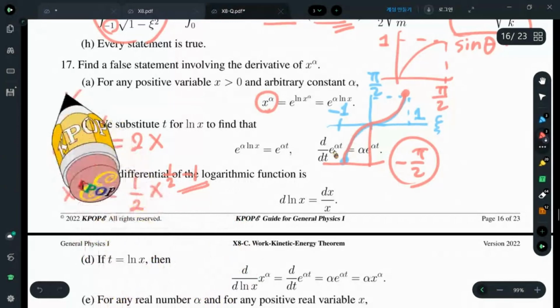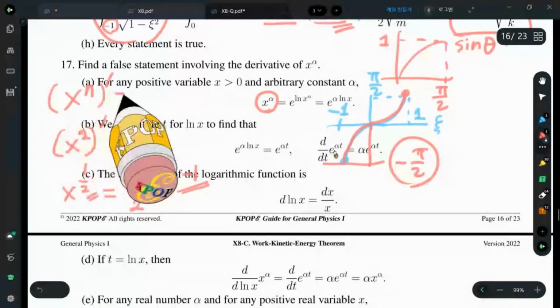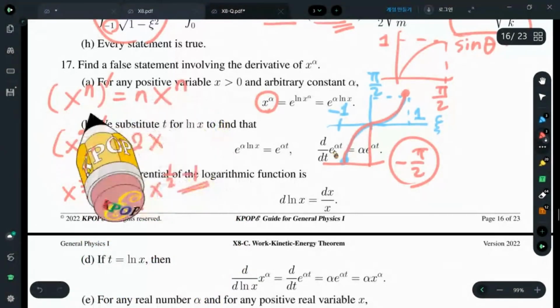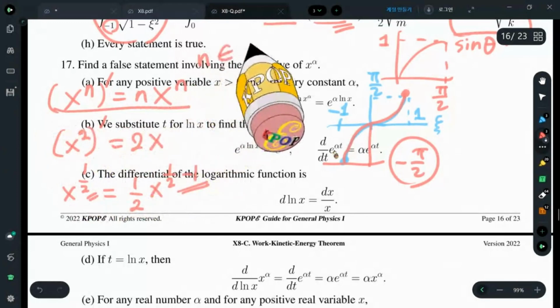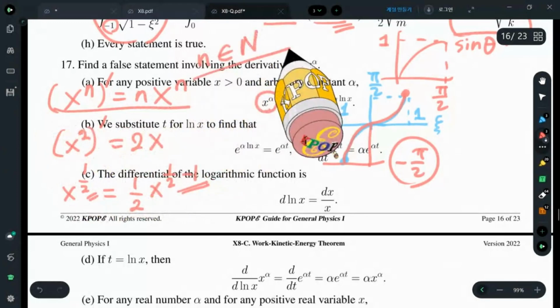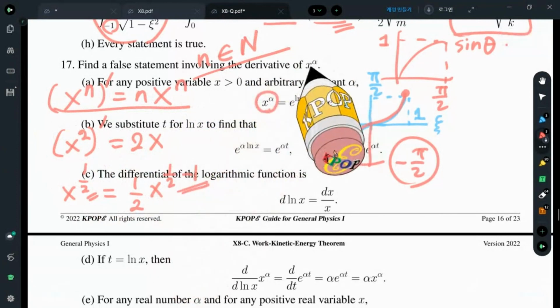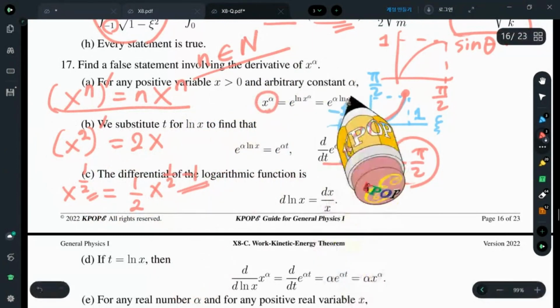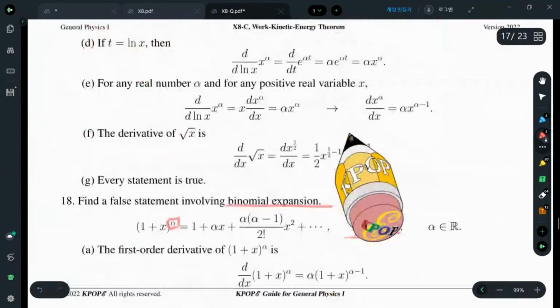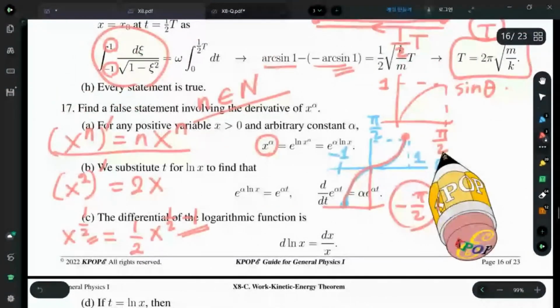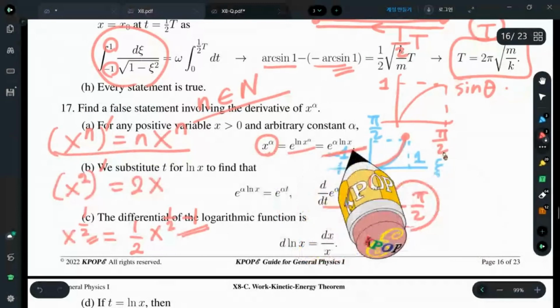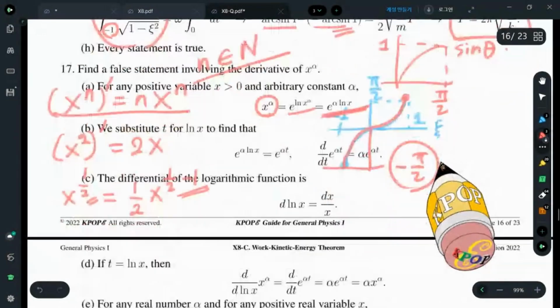This rule, the derivative of x to the n is n x to the n minus 1, is true for positive integers. However, it is also true for any real number. That's the important point, because now you know how to take the derivative of a power function.